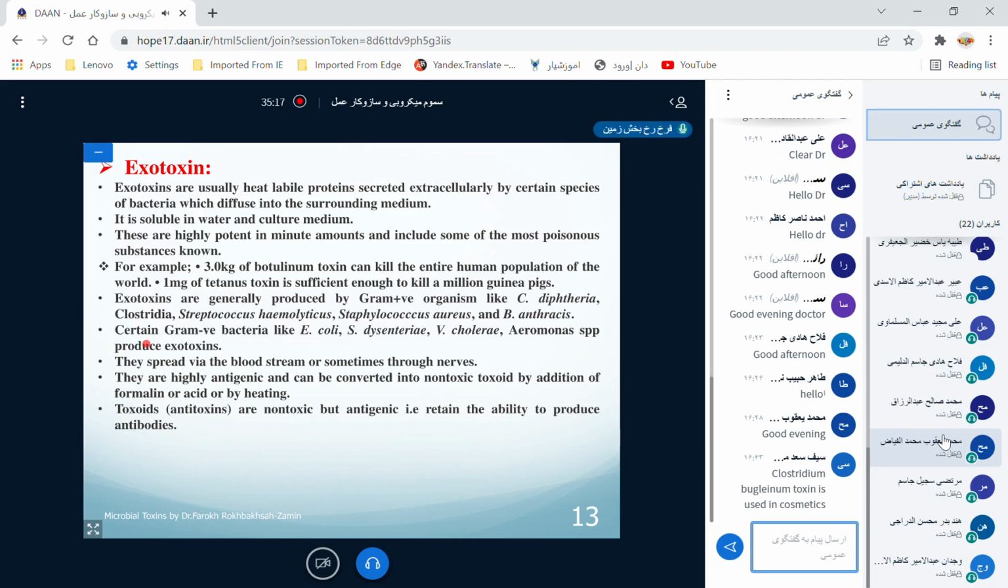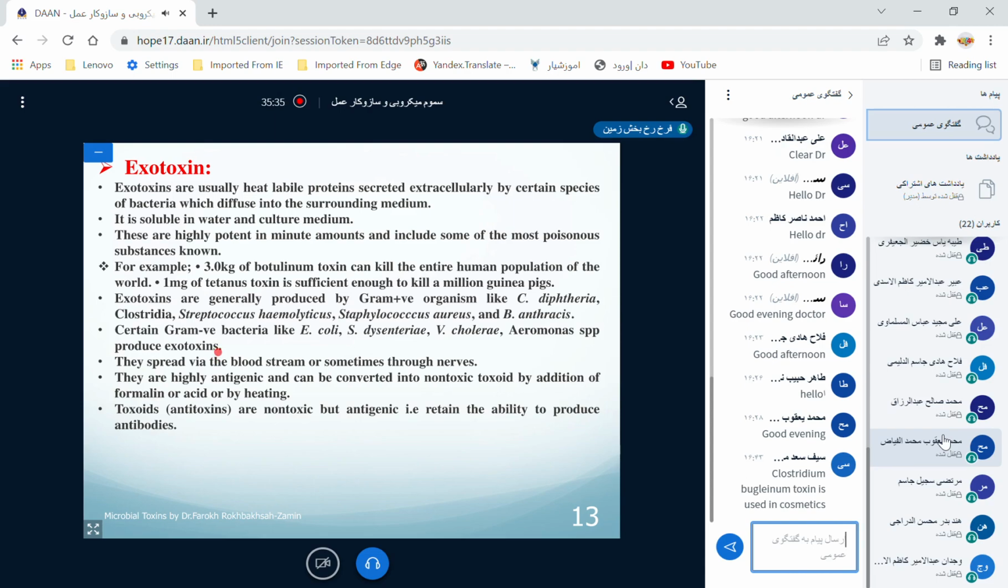Certain gram-negative bacteria like Escherichia coli, Shigella dysenteriae, Vibrio cholerae, and Aeromonas also produce exotoxins.